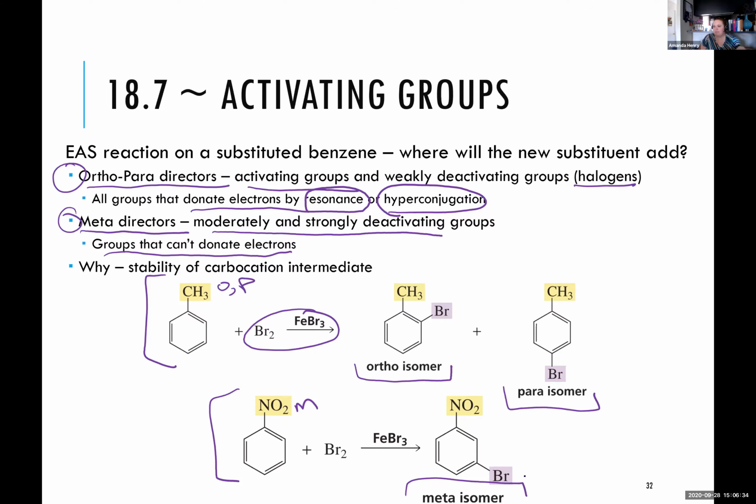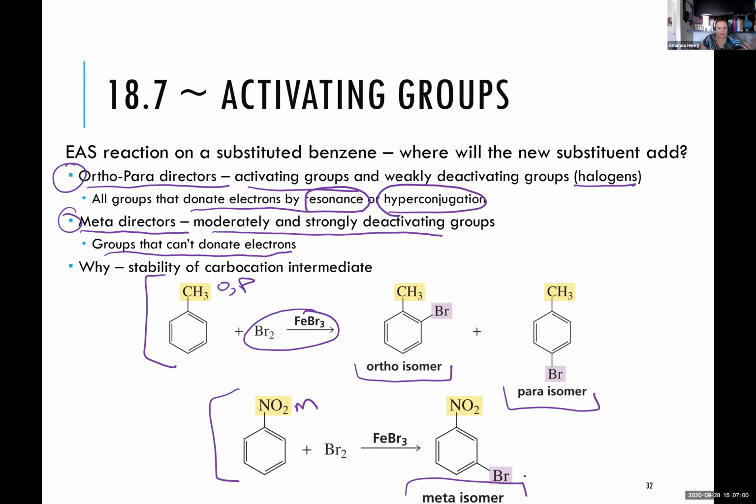I'm going to take a step back just for a second. So for the exam, when you are given a substituent, a methyl group, an NO2 group, you should be able to tell me if it's an activator or a deactivator, if it's a strong, moderate, or weak activator or deactivator, if it's donating electrons or withdrawing electrons, and how that's happening.